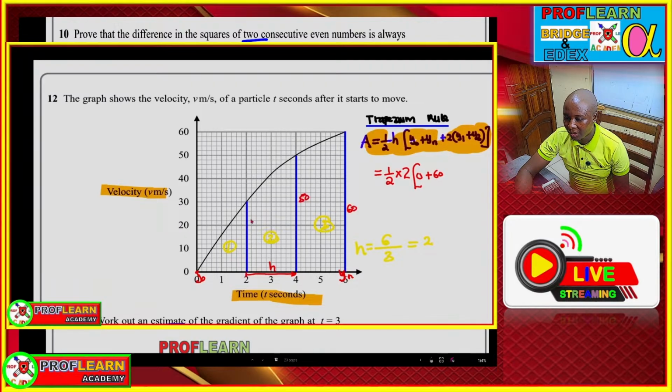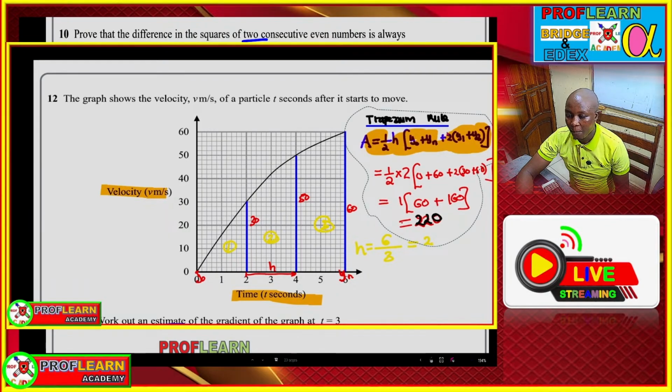Then the middle ones are 30 plus 50 times 2. If you simplify this, you are going to get 60 plus 160, which is going to translate to 220. So this 220 is the area under the graph using trapezium rule, and that's going to represent the distance covered.